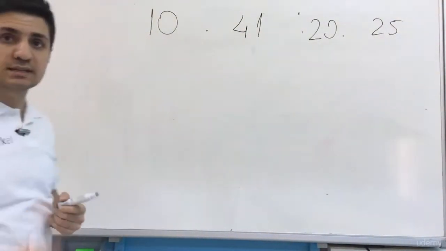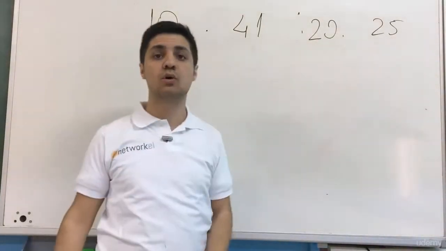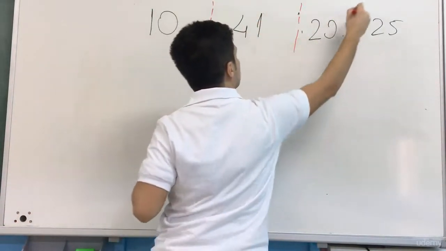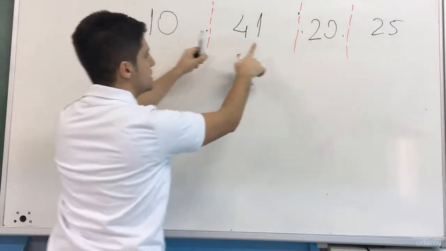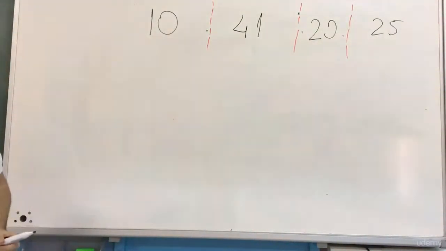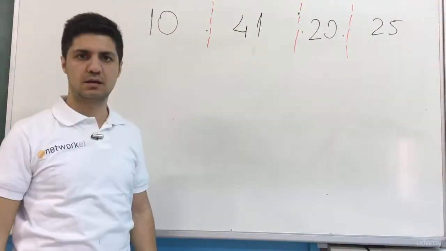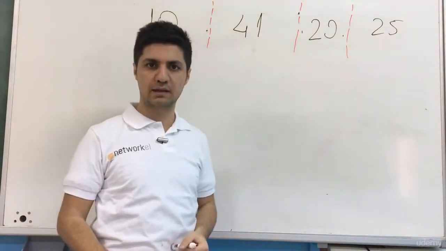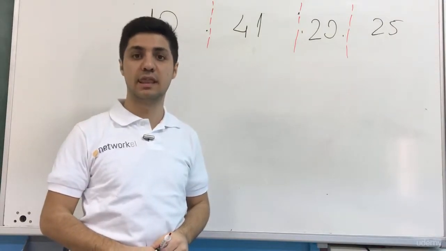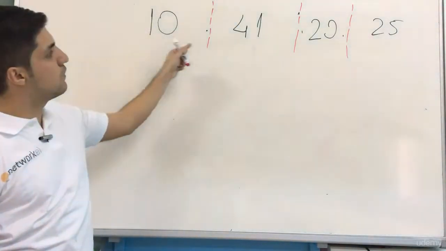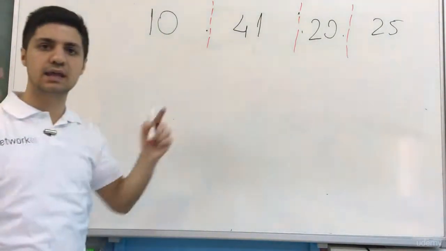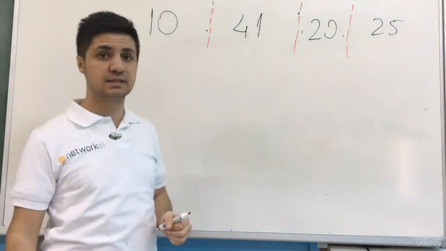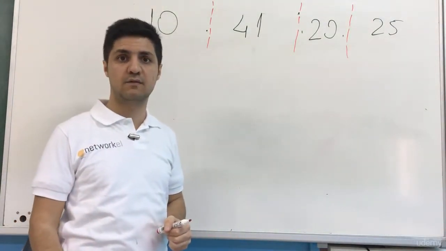Alright, as you can see, we have 4 portions in our IP address: first, second, third, and fourth portions. Our IP address is in decimal format, but that's for providing easy reading; actually our IP address will be in binary format.